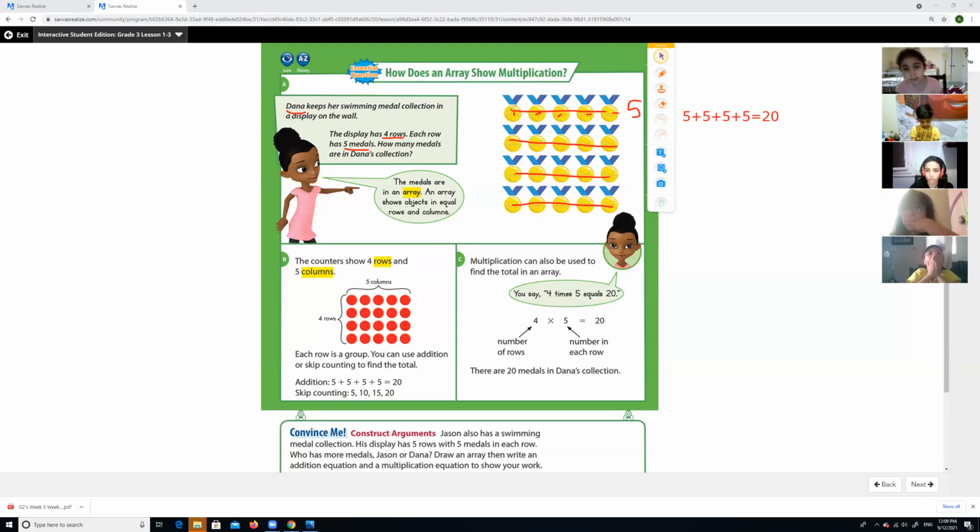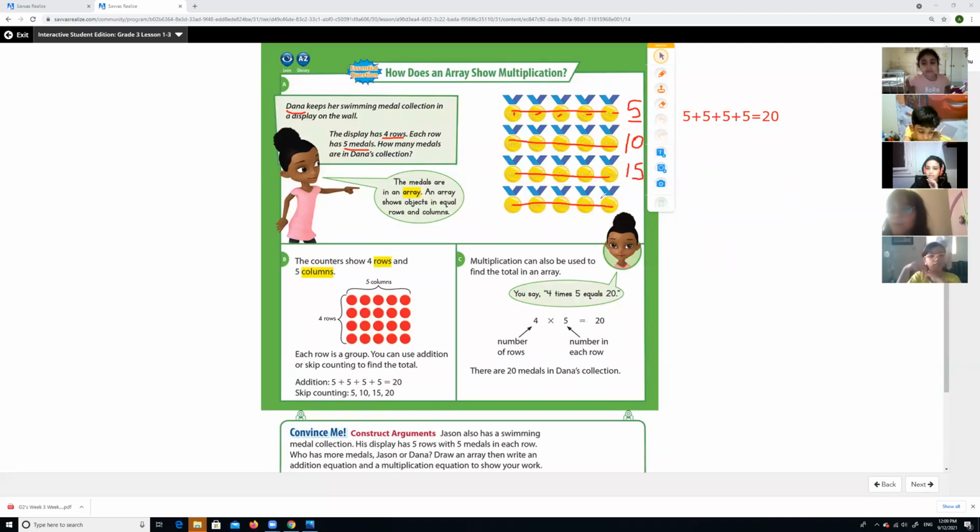I want to skip count. So I will not say 1, 2, 3. No, I know each row has 5. So I will start with 5. I will say the first row, 5. Now I will add another 5 for the second row. So 5 plus 5, 10. So I will write here 10. Now add another 5 for the third row. 10 plus 5, 15. Excellent.